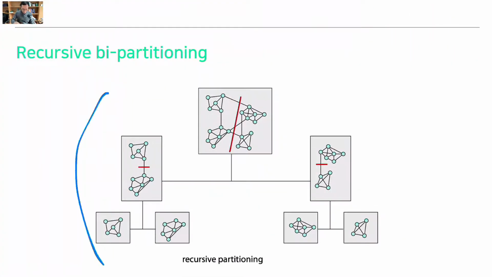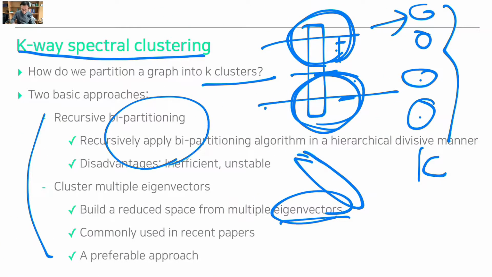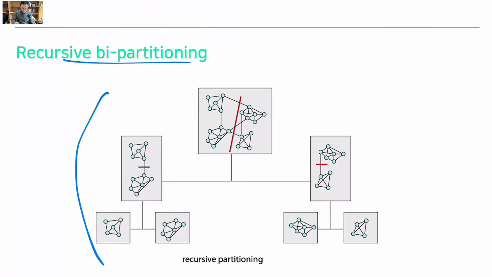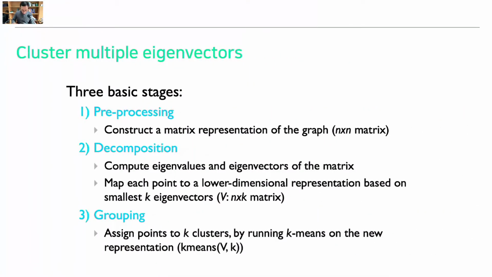So this indicates the recursive partitioning. We keep running the two-way spectral clustering. First we get this, and from this one we get partitions, this one, then this. From this, we get partitions, this one and this. And this indicates the way to use the multiple eigenvectors, and similarly we get the matrix representation.